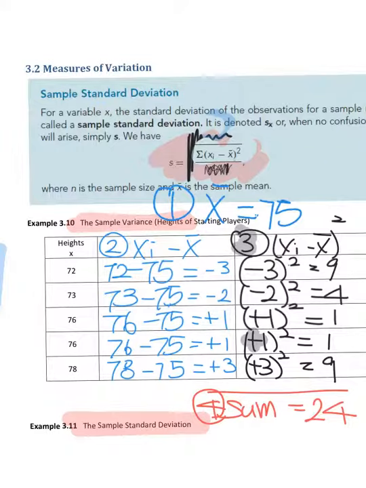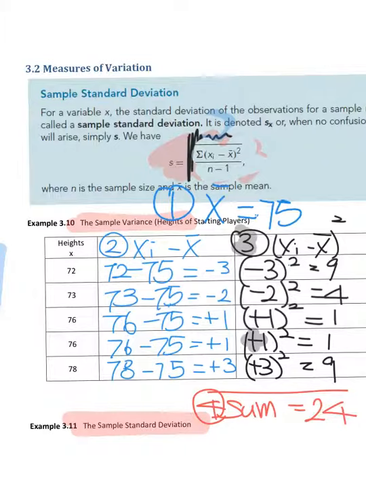Finally, divided by n minus 1. What was the n? For the mean, the number of values. How many numbers we have now? 5. Minus 1 will be 4.